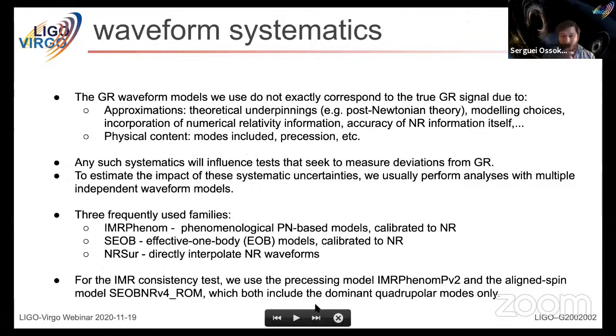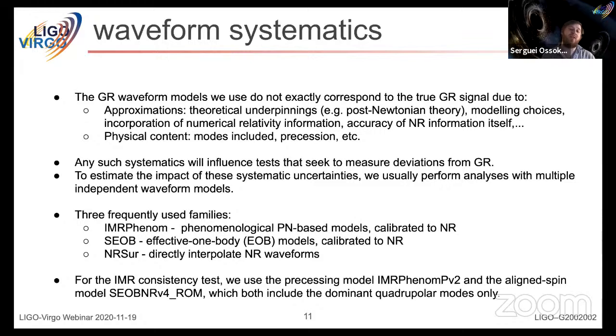Before diving into the results, it's worth taking a step back and considering the issue of waveform systematics, which will come up a few times for different tests that'll be covered in this webinar. Now, the general relativity waveform models that we use for our analysis do not exactly correspond to the true GR signal. And this is due to two considerations. First of all, the approximations that we make when we construct these models.